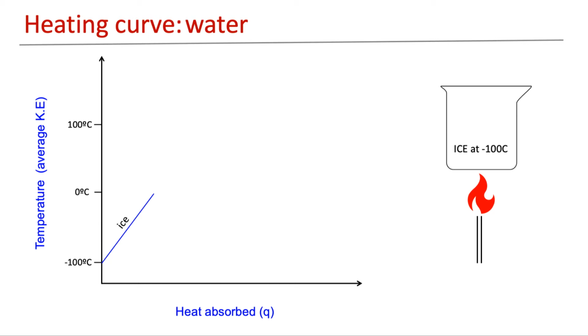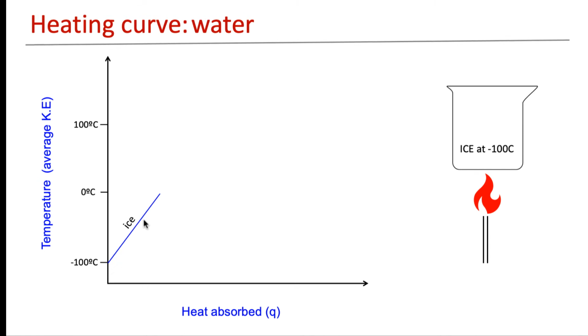As we discussed earlier, the temperature of a substance is a measure of average kinetic energy of all the particles in the substance, which means as the temperature of the ice increases, the average kinetic energy of all the particles in the ice increases as well. During this time, the heat flows into the ice and the random vibrations of water molecules inside the ice keep increasing, which increases the average kinetic energy of the ice.